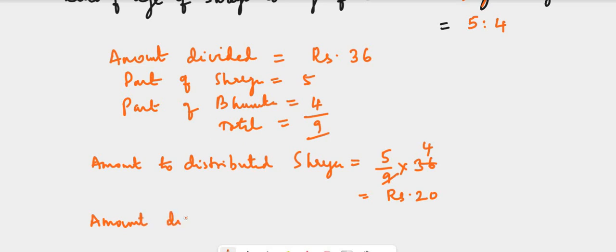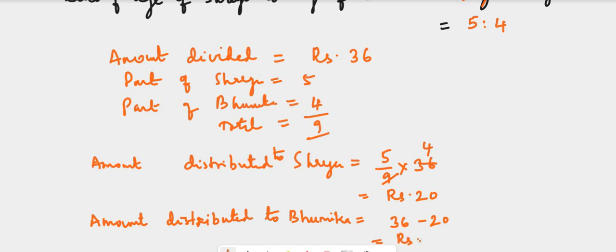Amount distributed to Bhumika is equal to 36 rupees minus 20, that is equal to rupees 16. If we add together 20 plus 16, 36.